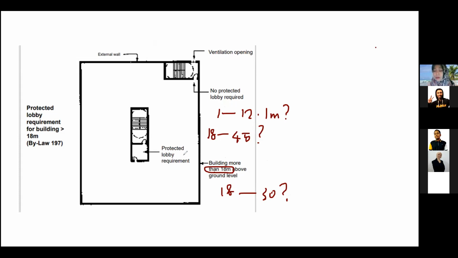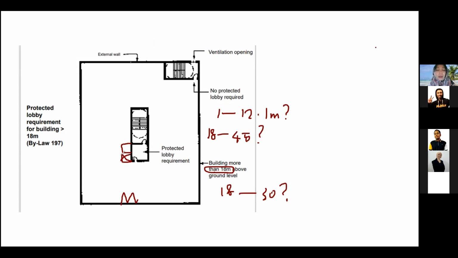it's not your gallery, or your gallery only 2 stories. 2 stories about berapa? 8 meters lah. The most is 8 meters height. You don't need protected lobby requirement, meaning that your lobby can be open. People enter the building, straightly can see the lift here.